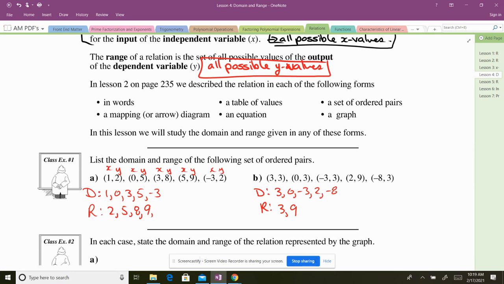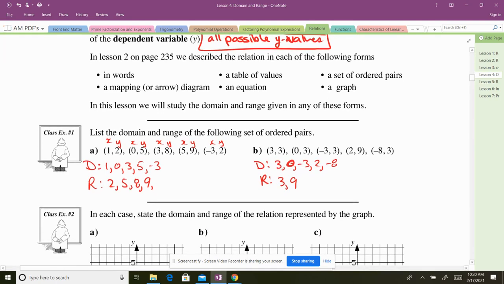Like a repeating one? No. It's unnecessary, but I won't mark them wrong. This is a 0, not a 6. Is that okay for everybody? Okay, that's the simplest version. I give you an ordered pair, you just list all the x's, all the y's, there's your range.